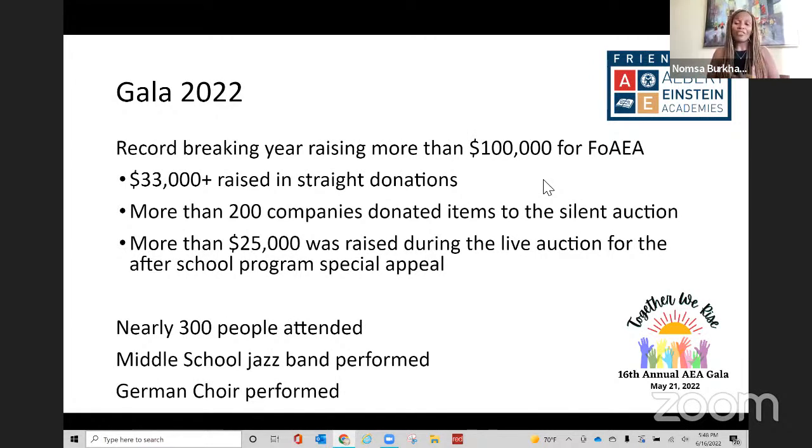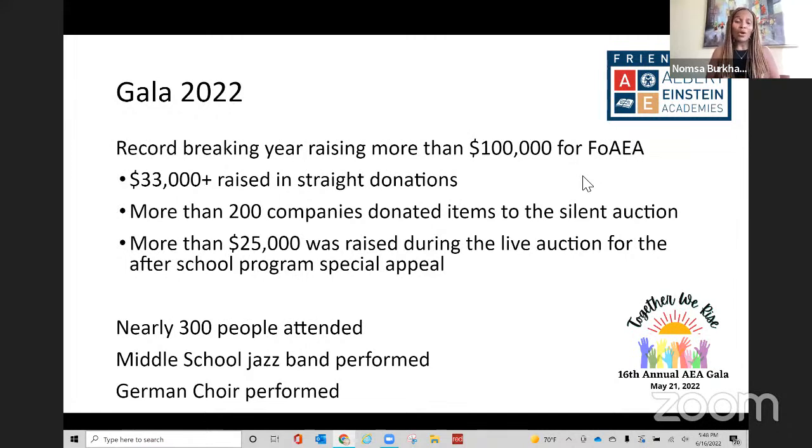When we came up with the phrase "Together we rise," that was based on how we were feeling coming from the pandemic, and feeling like we needed everyone to feel excited, to feel energized, and to really want to support this wonderful initiative of the Friends of Albert Einstein.